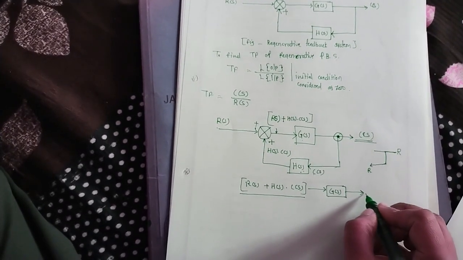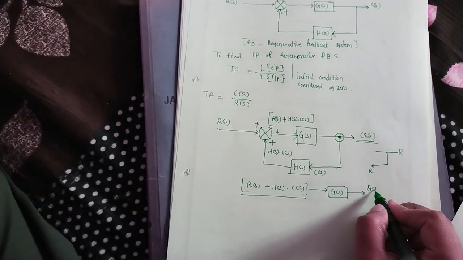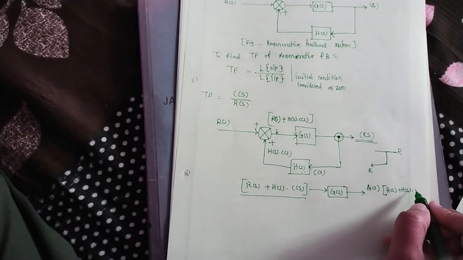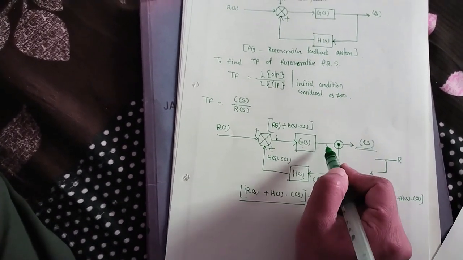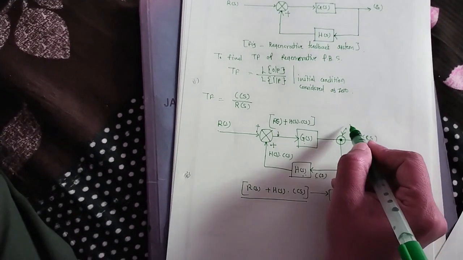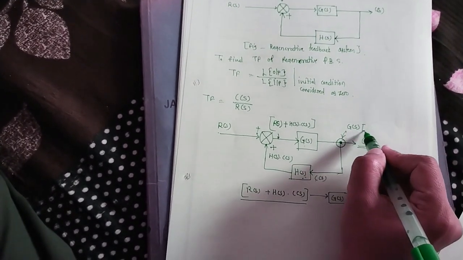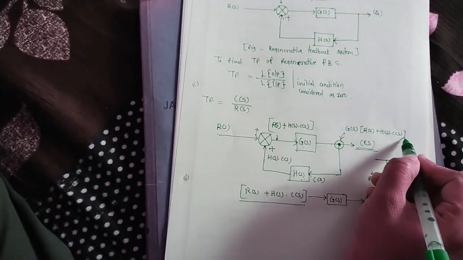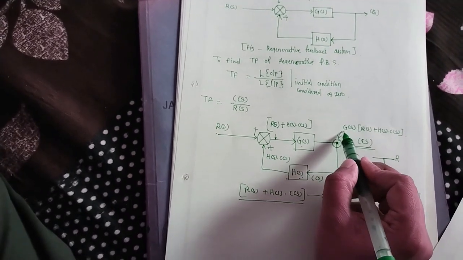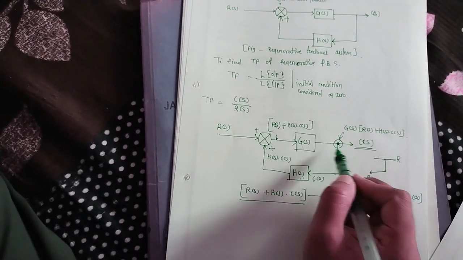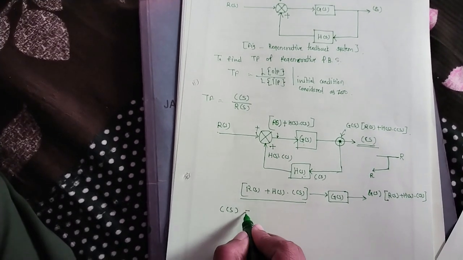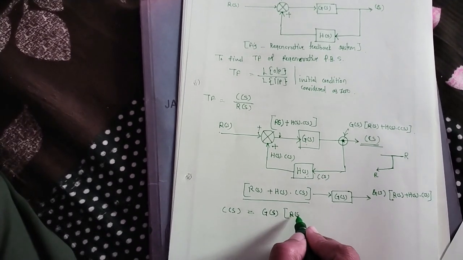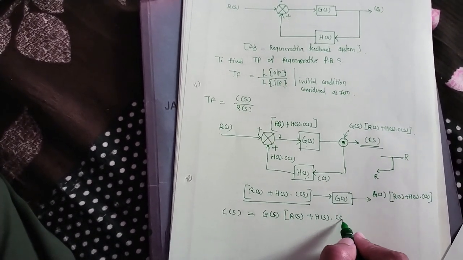After the G of S block you get the output G of S into bracket R of S plus H of S into C of S. This whole signal comes as output after the G of S block, so C of S is your output, and it is equal to G of S into bracket R of S plus H of S into C of S.